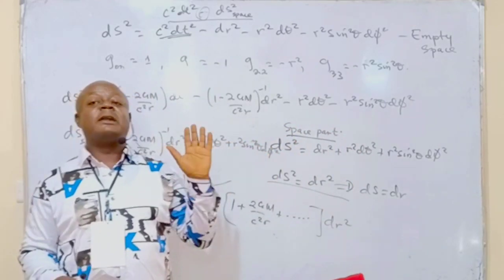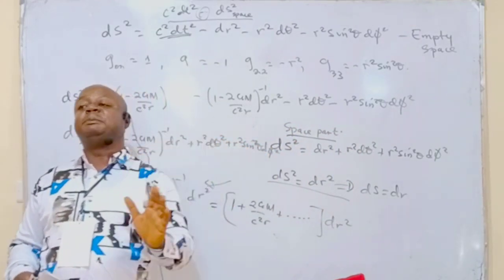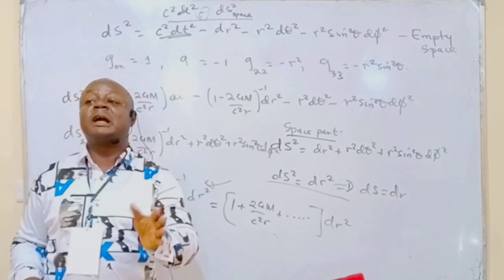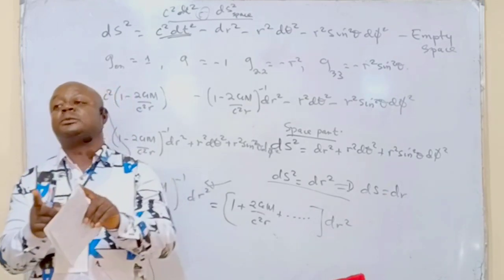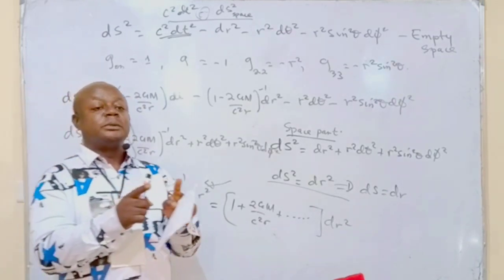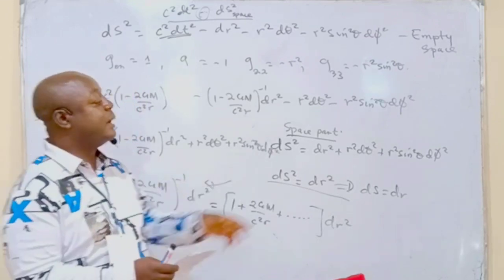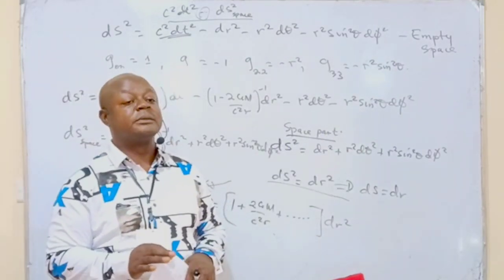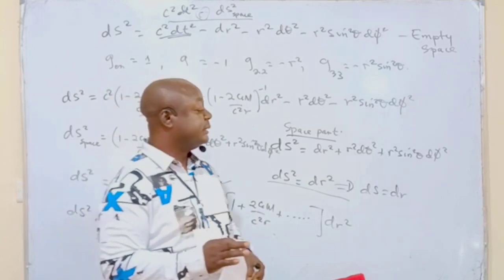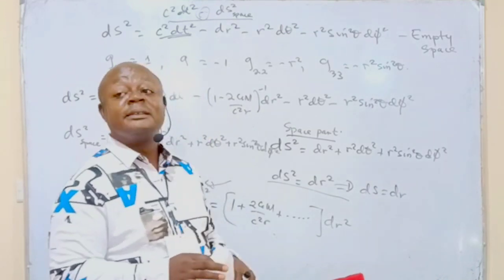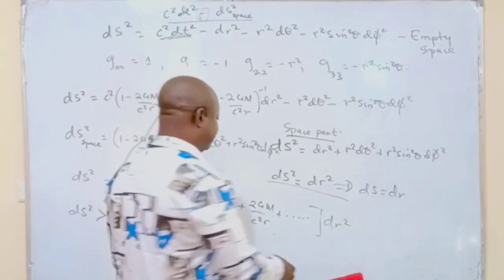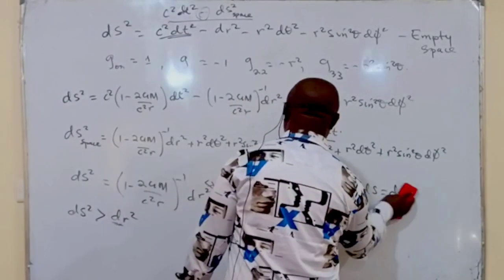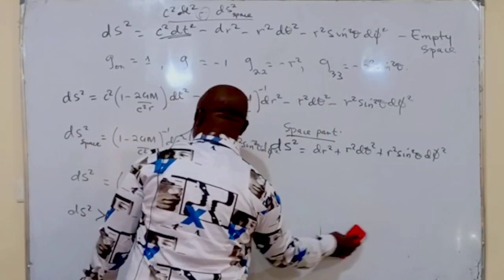So if you have an object that is moving at a very high speed in the presence of gravity, then you need to marry the two to give you your proper length contraction. Are we together? Any question?